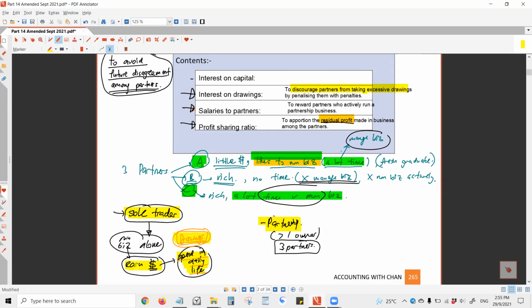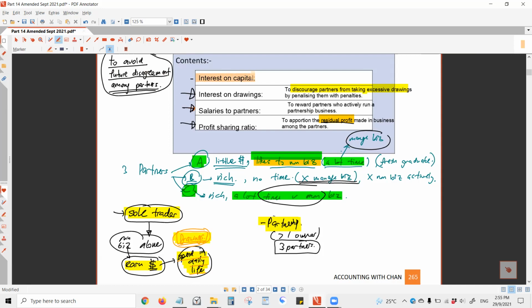Agree? So in order to make up for this, we have to have something known as the interest on capital. So basically what my point is, interest on capital is for the partners to take money out of the business for personal use instead of going through interest on drawing.